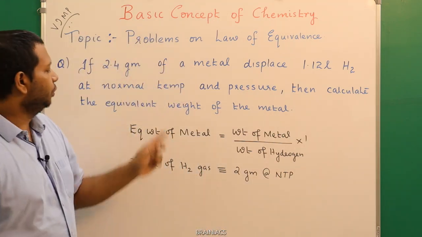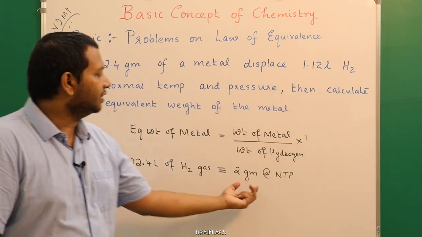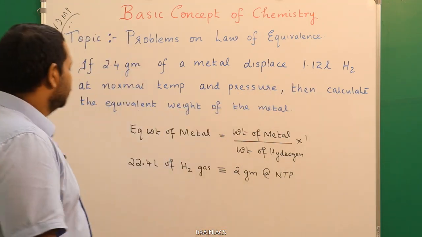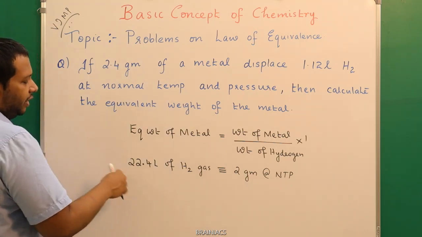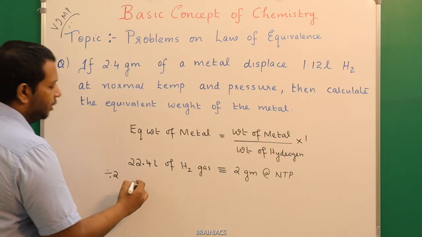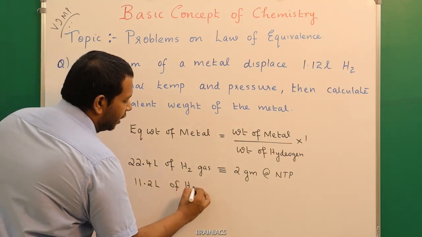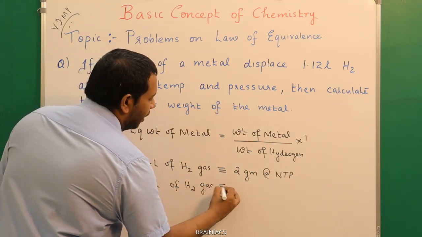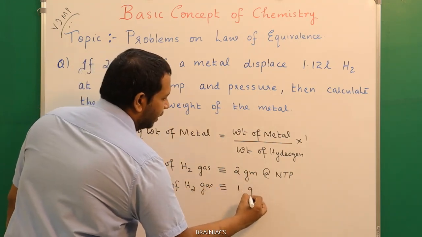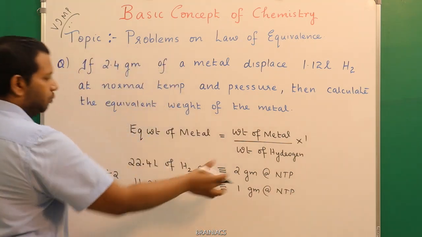Now tell me, you need to convert this 22.4 liter to how much? 1.12 liter. Then you will get the mass of the hydrogen, correct? So how can you do that? The easiest way is to divide by 2 first. If you divide by 2, this will become 11.2 liter of hydrogen gas will have a weight of 1 gram at NTP. Dividing by 2 on both sides.